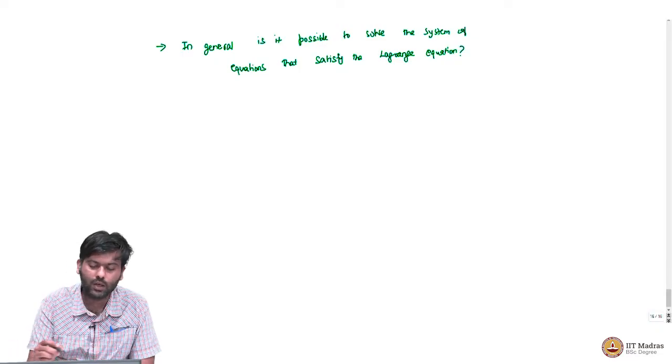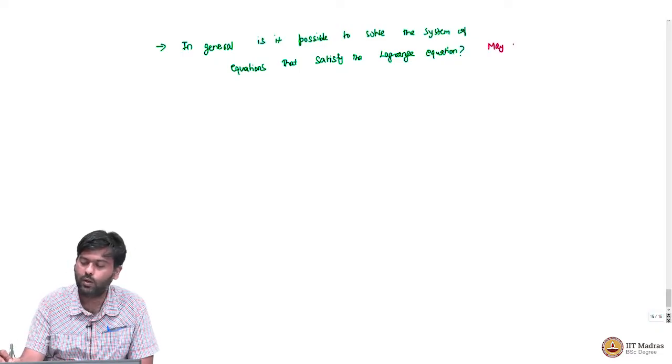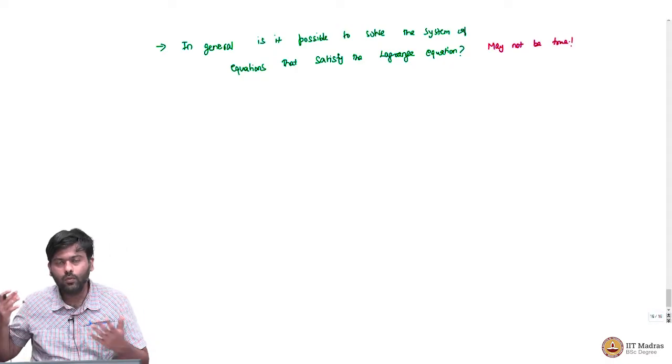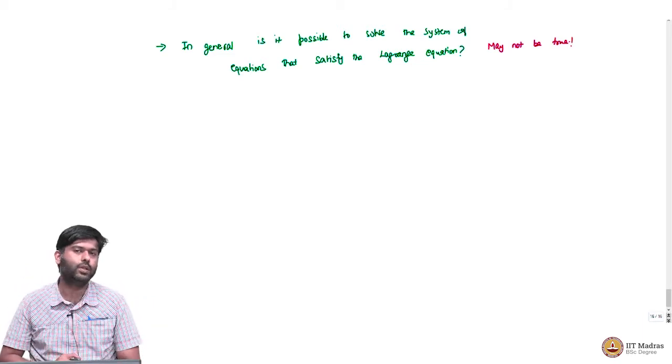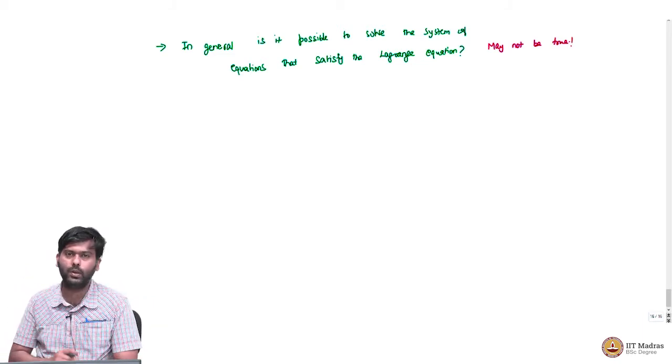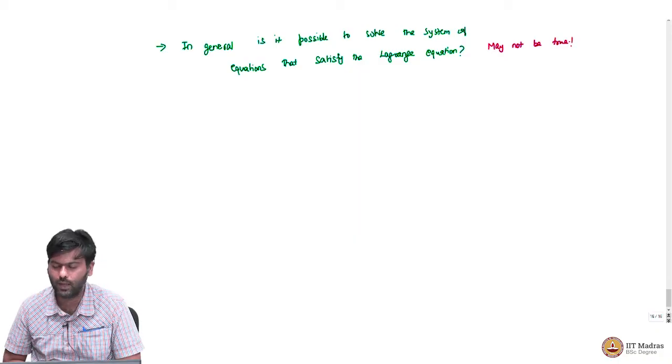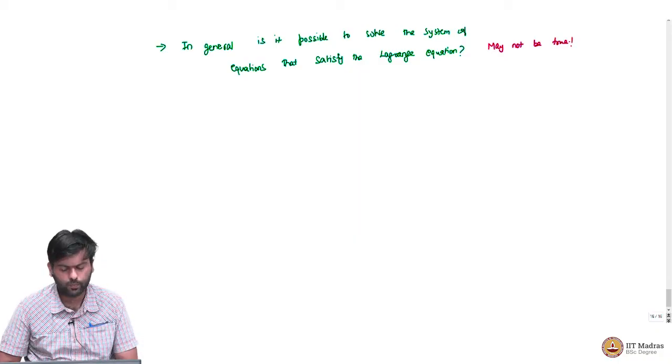Well, in general this may not be true, right. It is not always possible to solve your problem analytically like how we did for this simple example. This is a nice example to illustrate the power of Lagrange multipliers, but in general it may not be true.